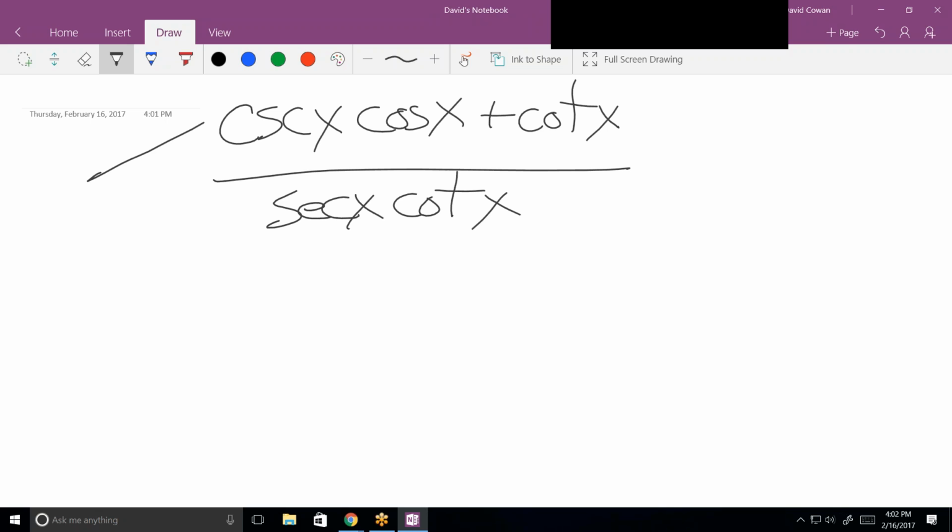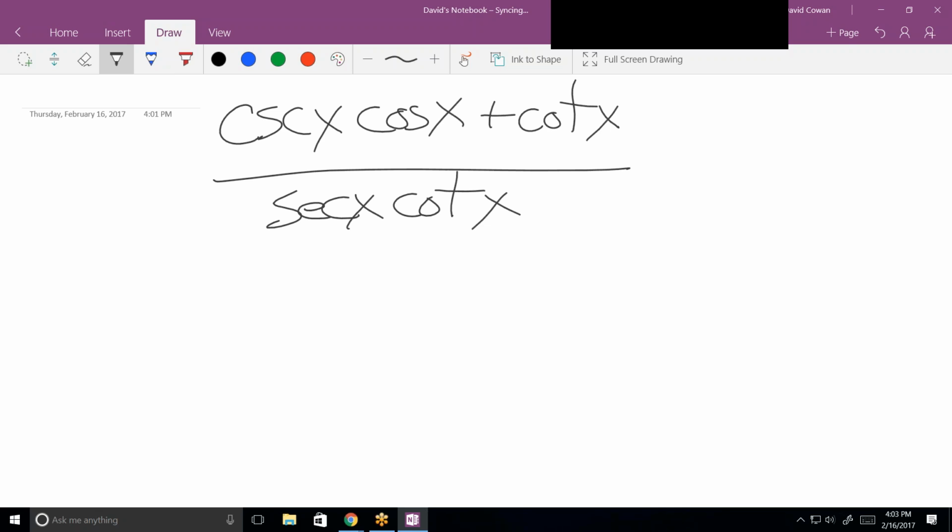Because all you have to do is turn every single term that's not cosine or sine into cosine or sine. And once you do that, it kind of solves itself. Okay. Let's go ahead and do this one. And if you have any that are full equations, I would like to do some of those before we finish here.